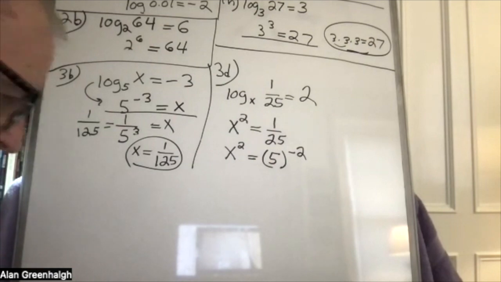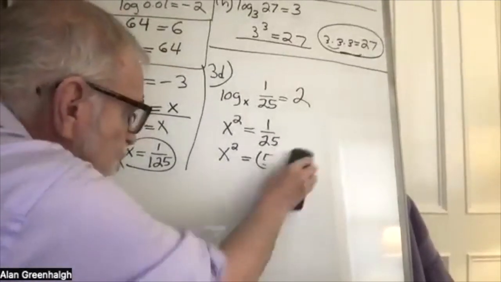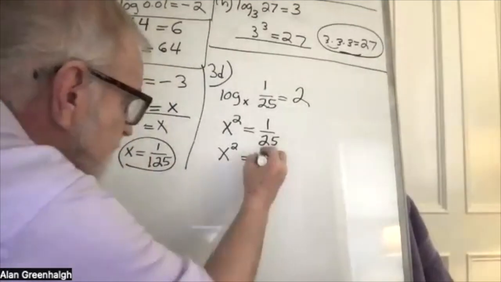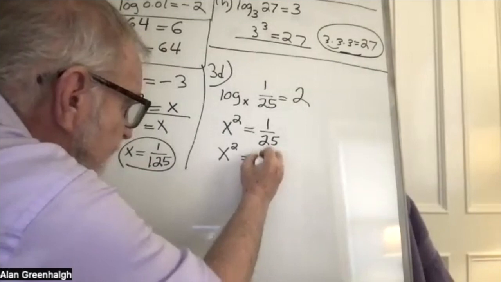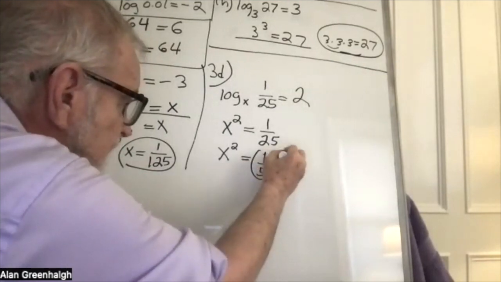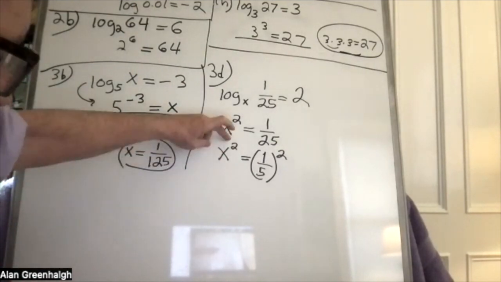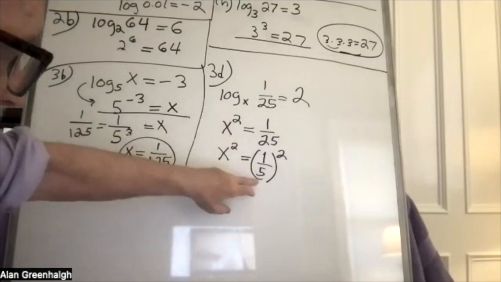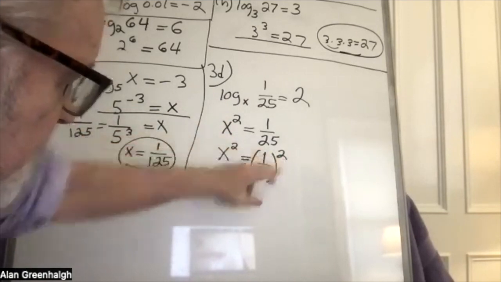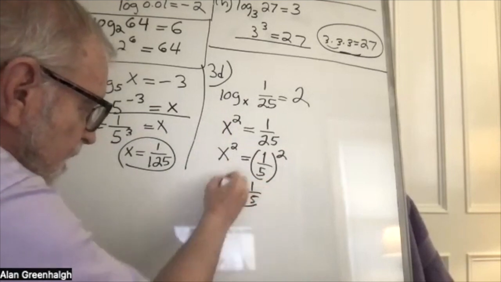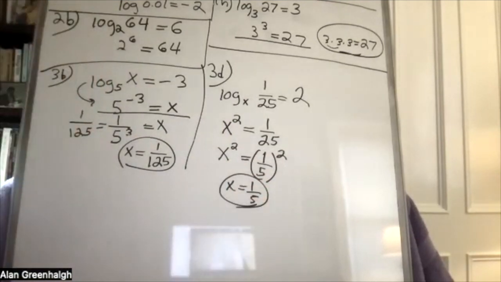And probably not even that, probably they would want you to not even put the negative there. They would want you to just keep this as 1/5 to the second power, you see? So, the answer would be, well, if something is being raised to the second power and it winds up being 1/5 to the second power, then obviously x is equal to 1/5. And that would be the answer.